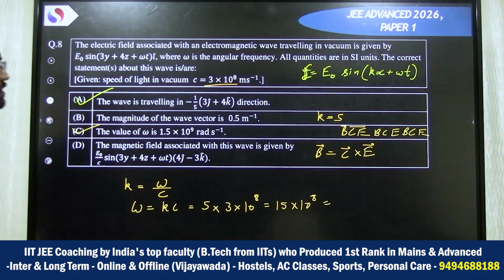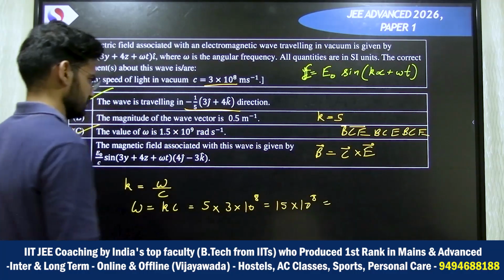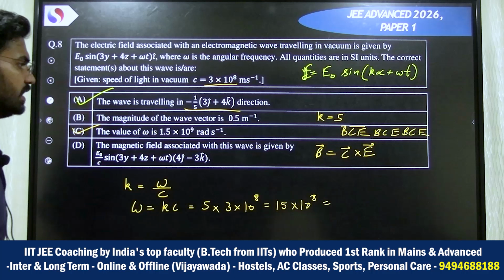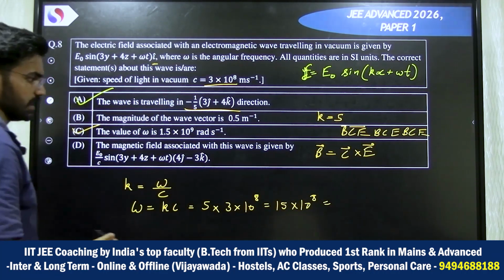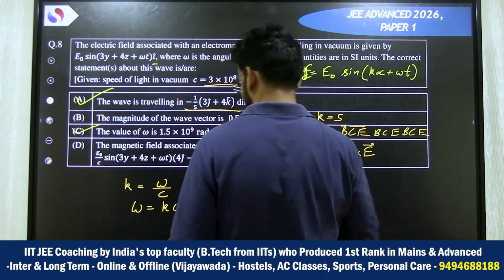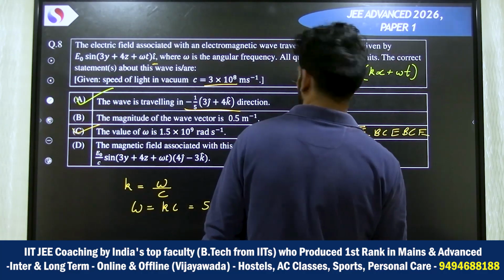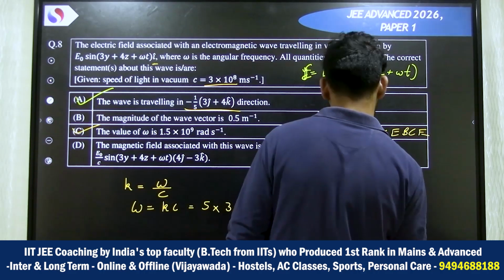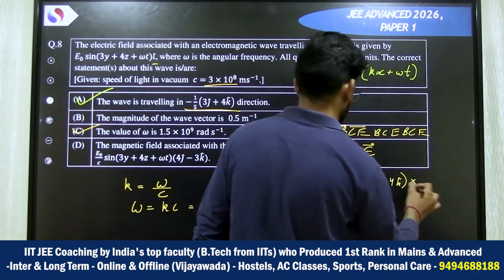So B will be C cross E. What is the direction of the wave? If you remember, you have already answered, the direction is 3j cap plus 4k cap, with a negative. And E is given as i cap. For the direction only, this will be C cross E. So direction of C is minus of (3j cap plus 4k cap), cross E, that is i cap.